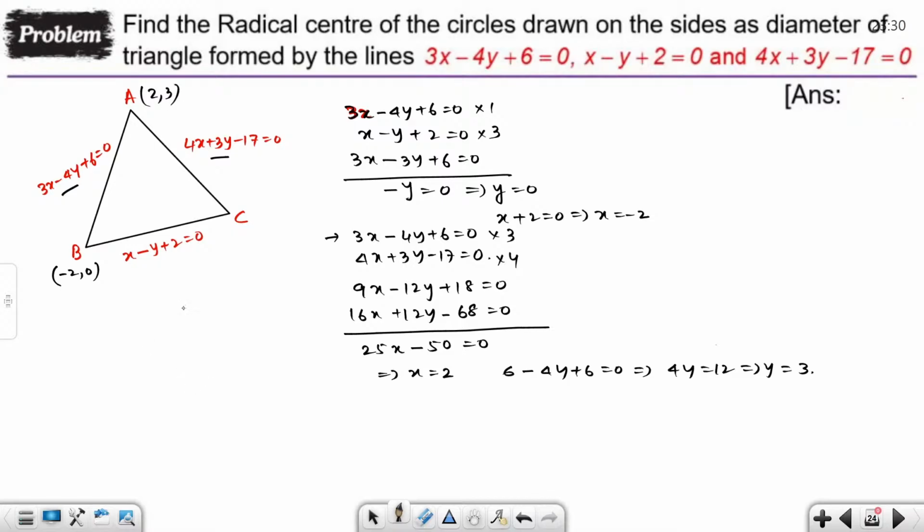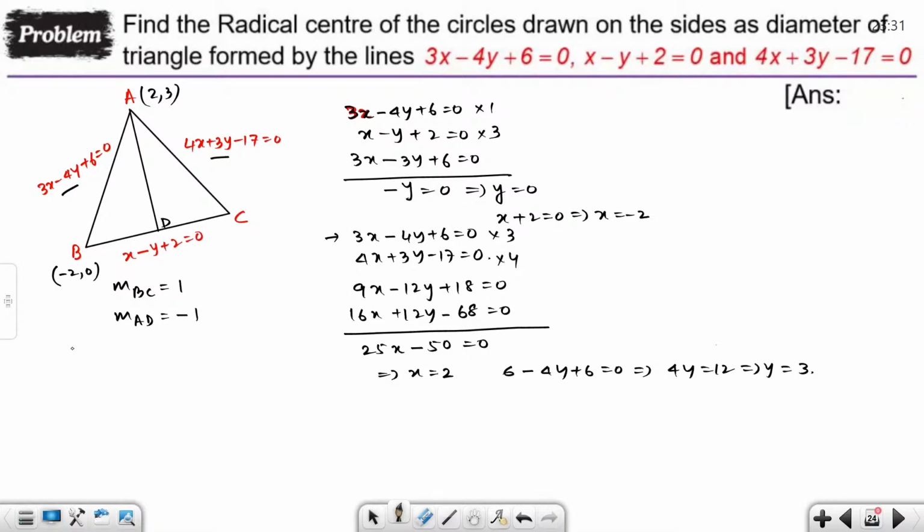Right? Now I have to find out the equation of the altitudes. So the altitude which is drawn from point A on this side, what will be its equation? The slope of BC is 1. Therefore, the slope of the altitude, let us say AD, is minus 1.